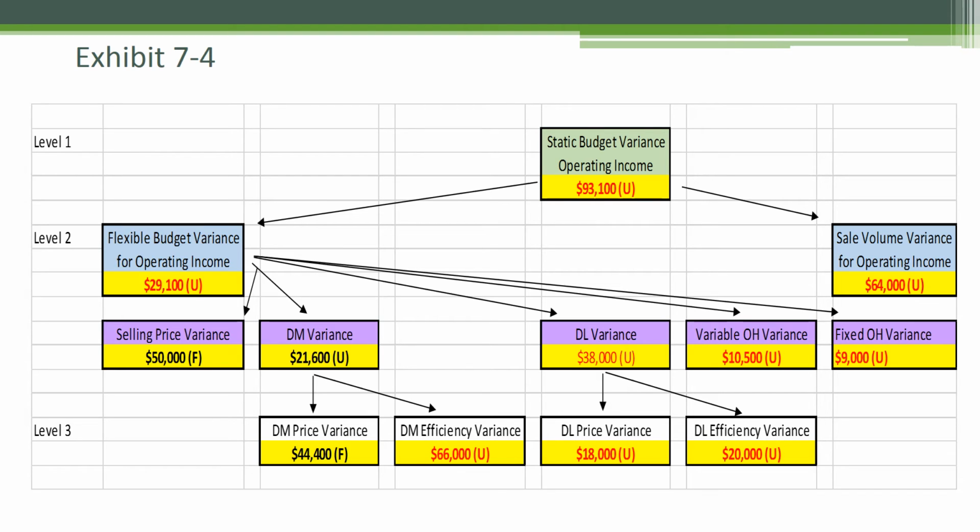So as you can do your math, you can see how everything combines up into the different variances, and we're able to break this down and really look at how that $93,100 breaks down into all the other variances and starts really leading management to ask questions of what happened. And these questions have answers, and those answers will help us as we start to set budgets for the upcoming months ahead.